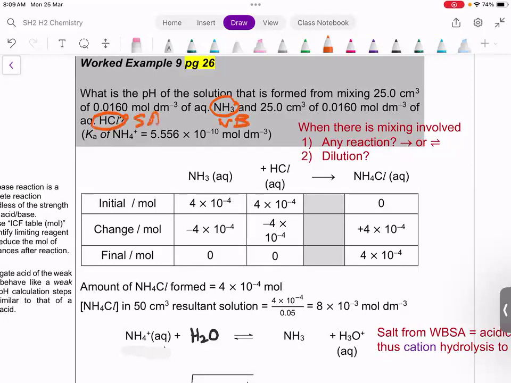So with this, the parent is already told to you. When they form a salt, in this case, we use the ICF table. You are familiar with ICE, whereby you are working with an equilibrium system, which is the concentration at equilibrium. What ICF asks is what is the final component in this mixture.